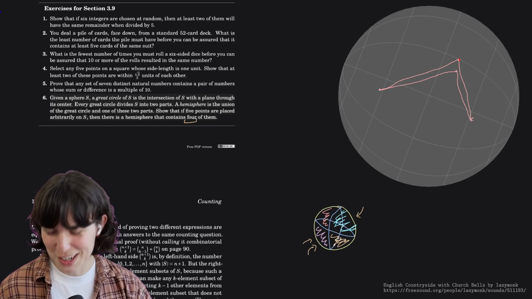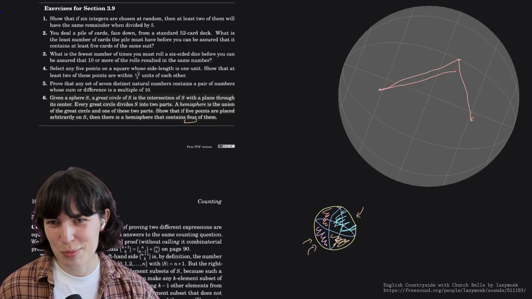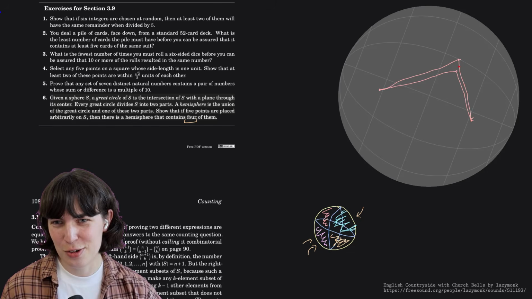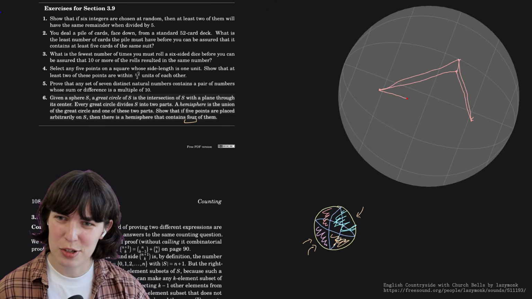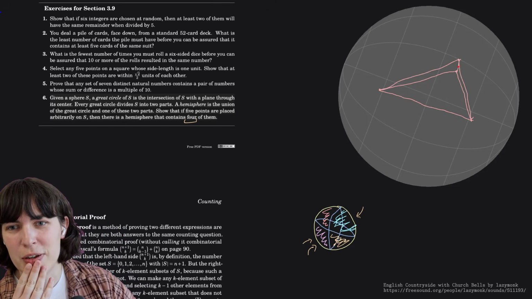Terrible lines, really awful lines. Sorry, my tablet is not treating me well. And then we've got this one too. Okay, so this is not a square, but fine.